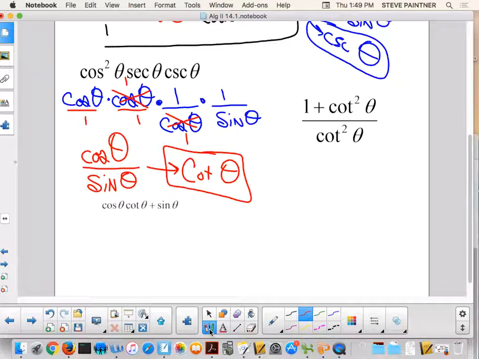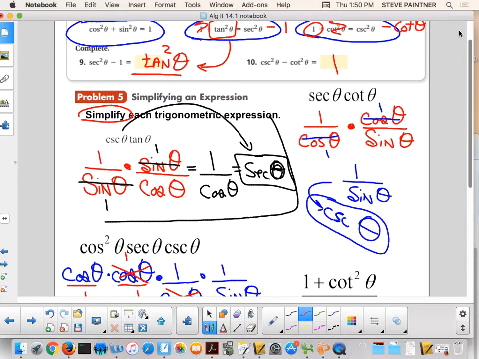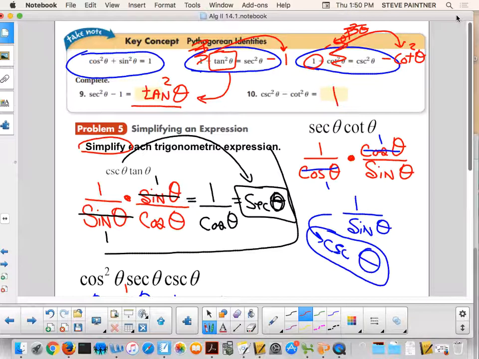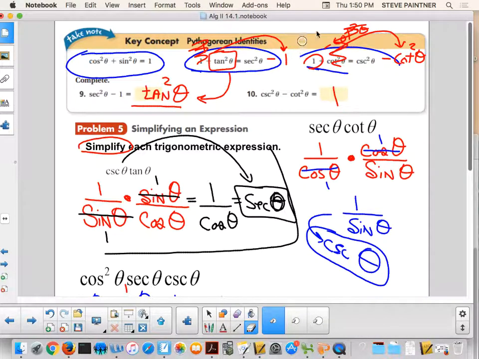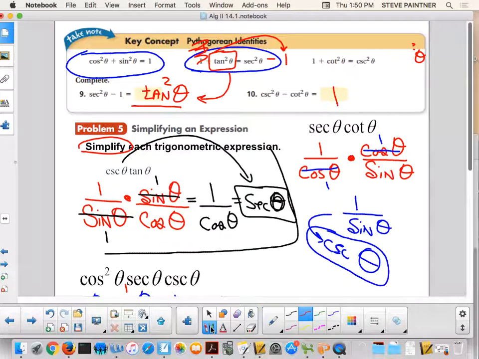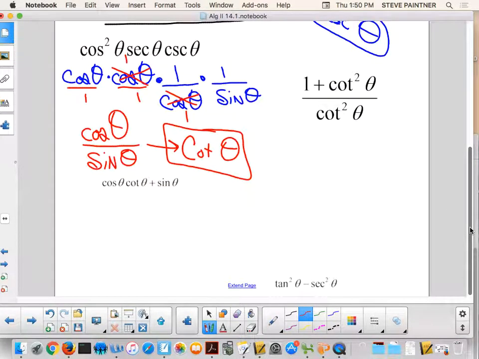Go back up top, guys. 1 plus cotangent squared is cosecant squared. Put cosecant squared in there. So you'd write cosecant squared of theta over cotangent of theta squared, right?